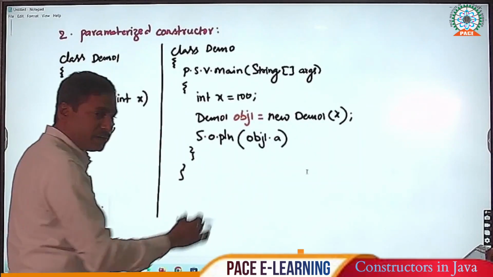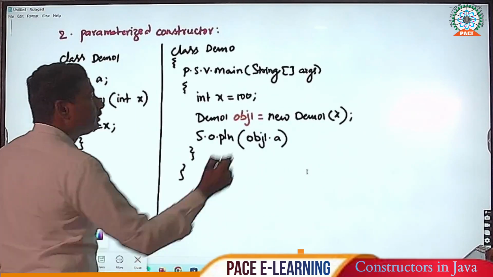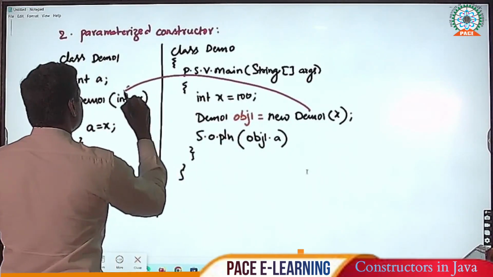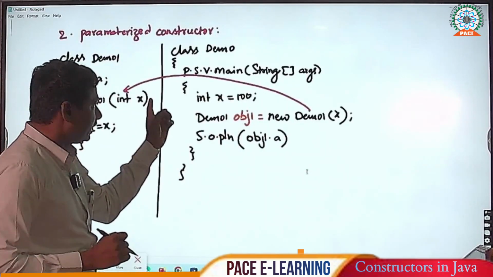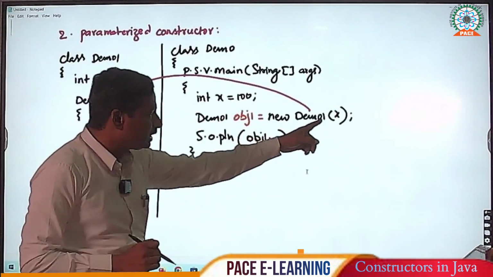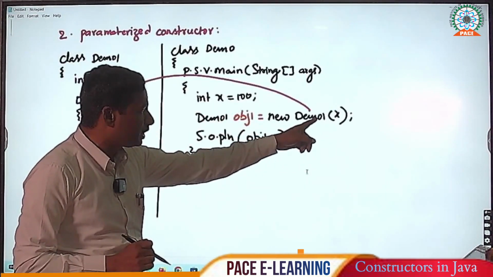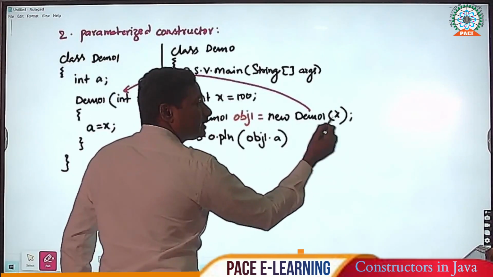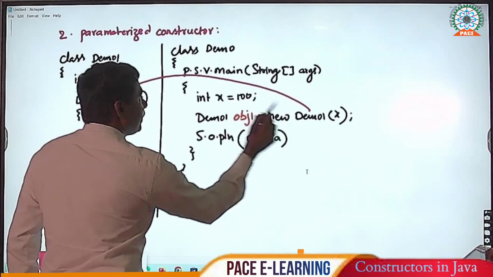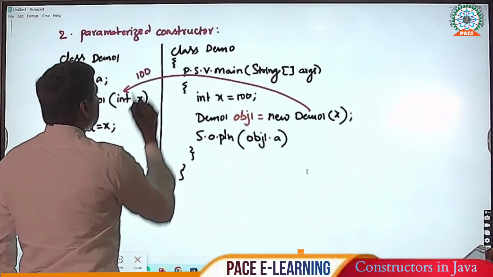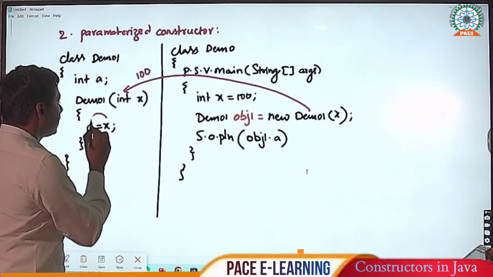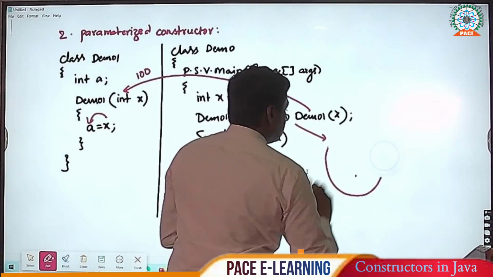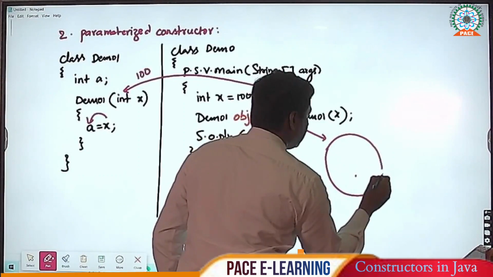My whole scenario is running on that statement. So demo of x, you are calling this constructor. In the previous example, you were not passing any value as a parameter to the constructor, but here in this example, we are passing x as an argument. What is the x value? It is 100. So this 100 I am assigning into A. Whenever you are creating an object, automatically memory will be created.